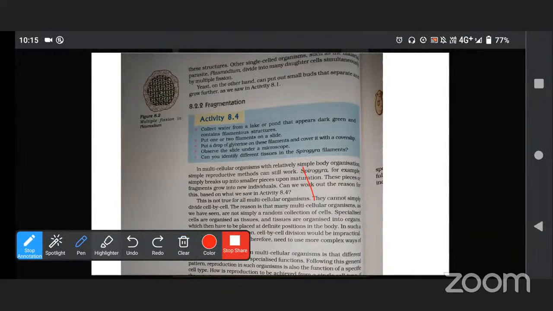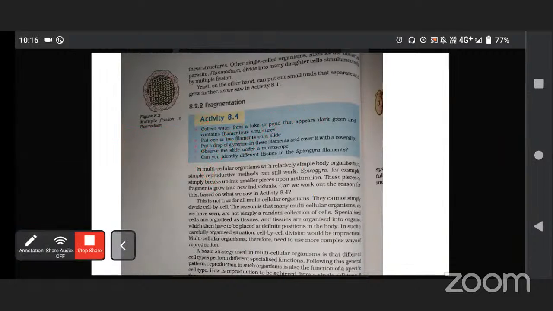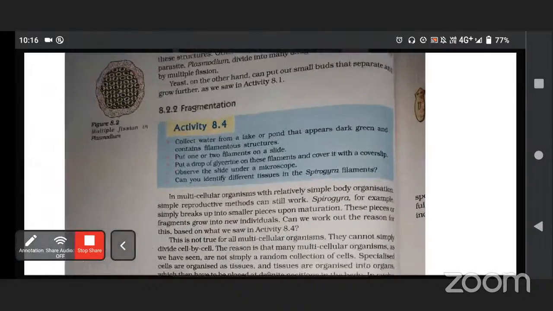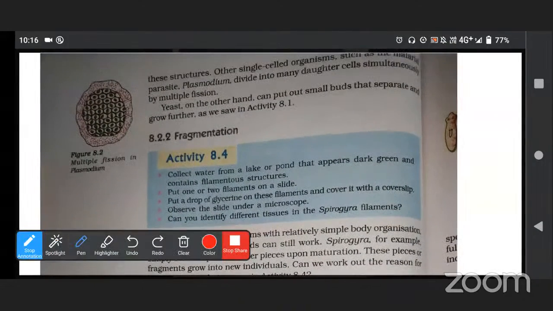It causes Kala-Azar. Next, you see, another organism is there which also reproduces by the process of fission. Its name is Plasmodium. This microorganism causes malaria disease.